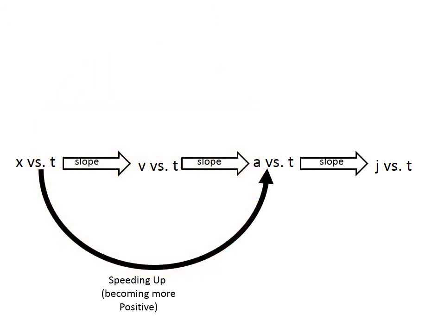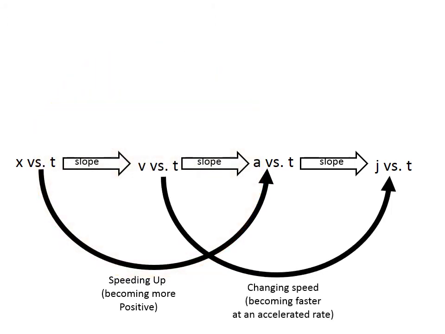Now this also is true for going from velocity to jerk. So if you see a curved line on a velocity time graph, you're also looking at some kind of change in acceleration. In other words, you're changing speed at a faster accelerating rate in the positive direction.